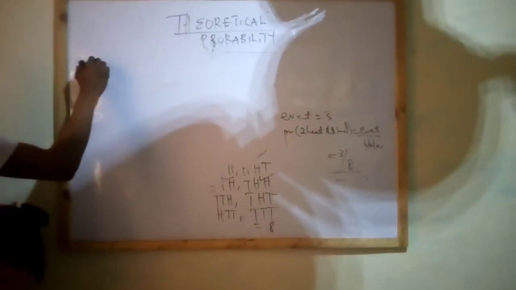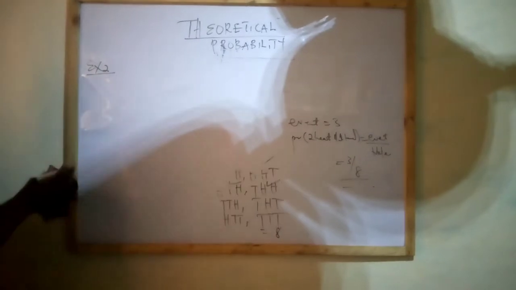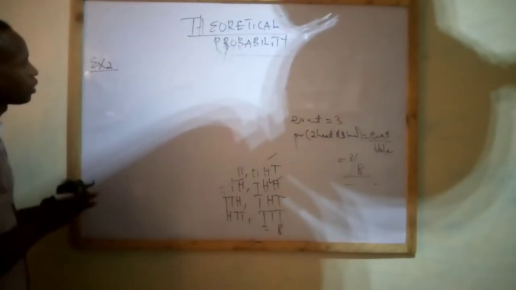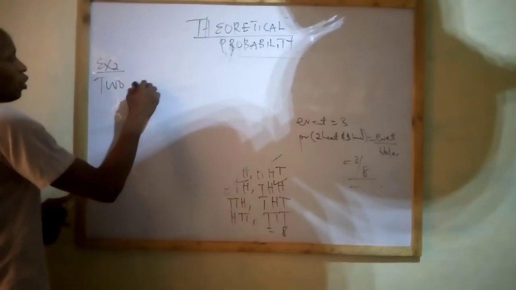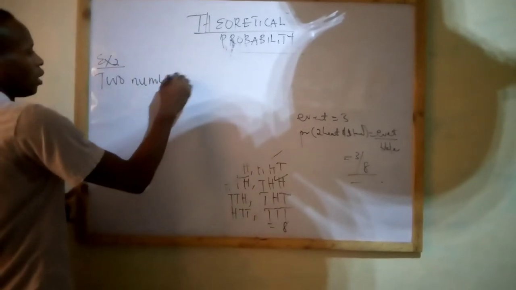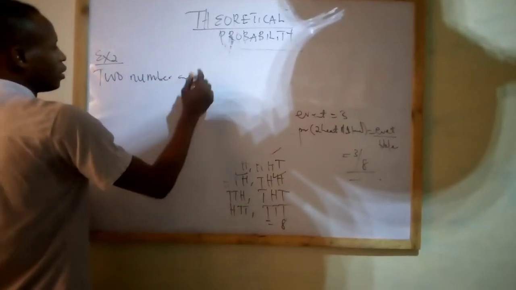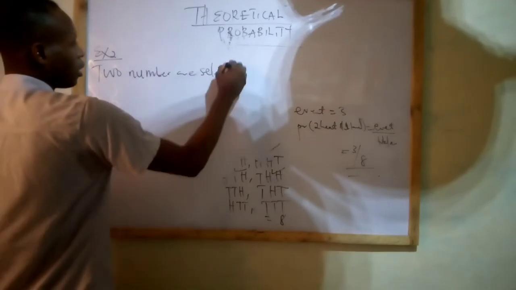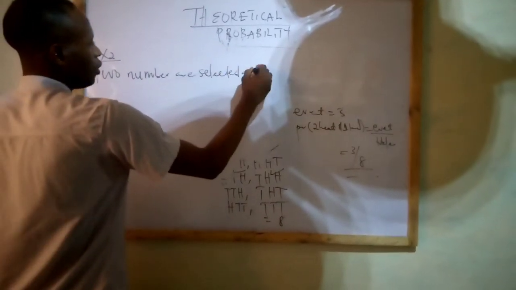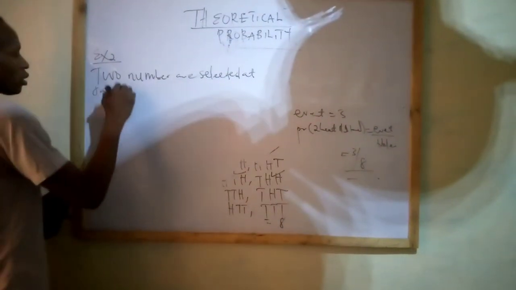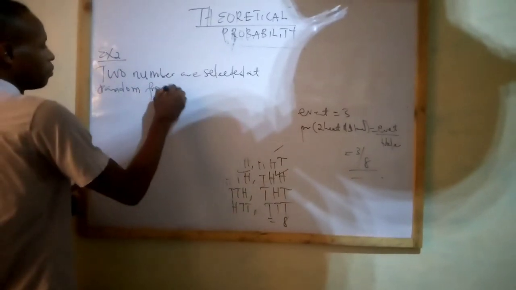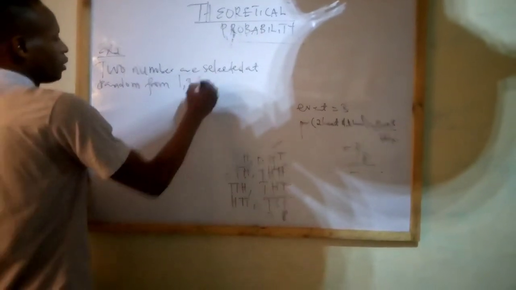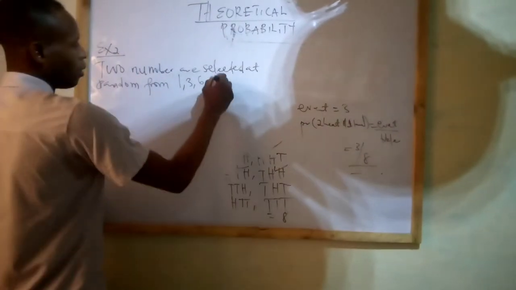Now example 2 says that, okay, let's take a question. Two numbers are selected at random from 1, 3, 6.